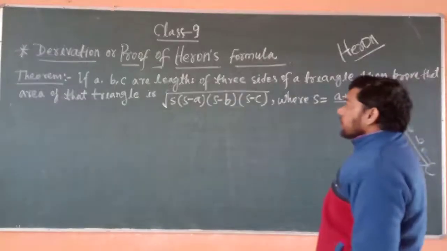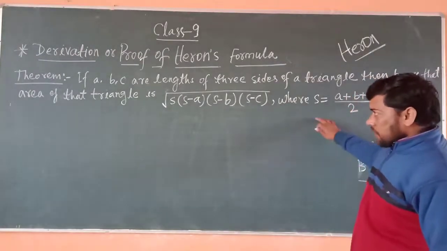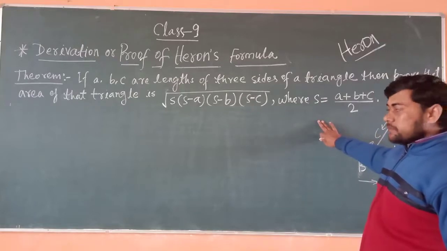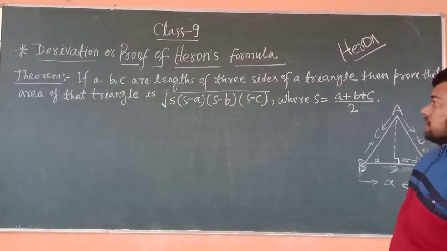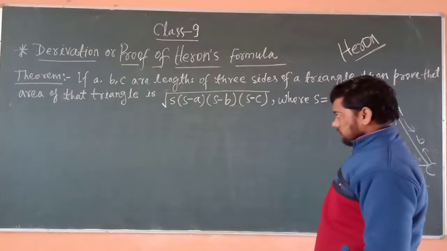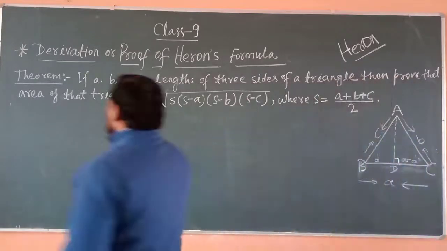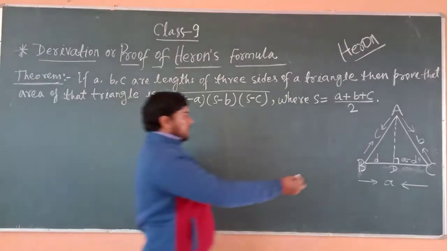He worked in the field of applied mathematics, that is mensuration, geometry, algebra, trigonometry, etc. These all are applied mathematics. He has proved an important formula to find the area of a triangle.